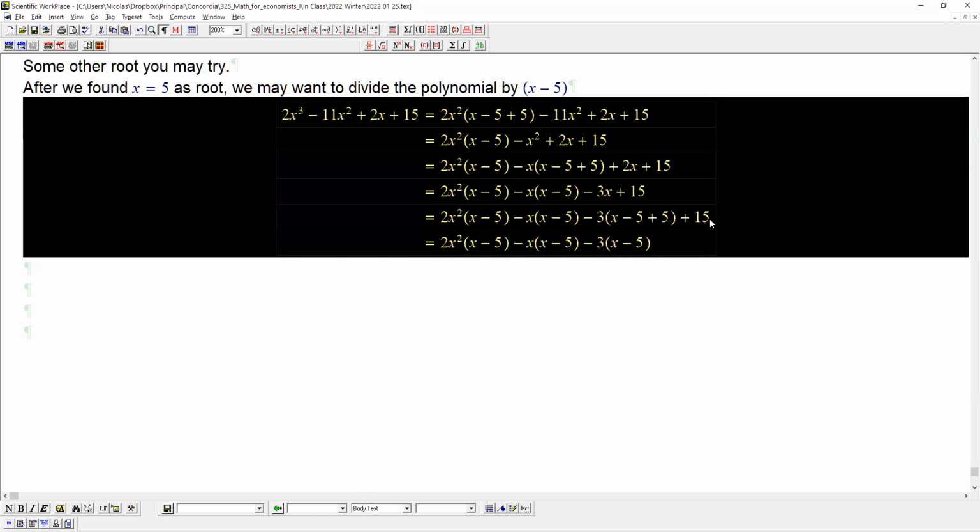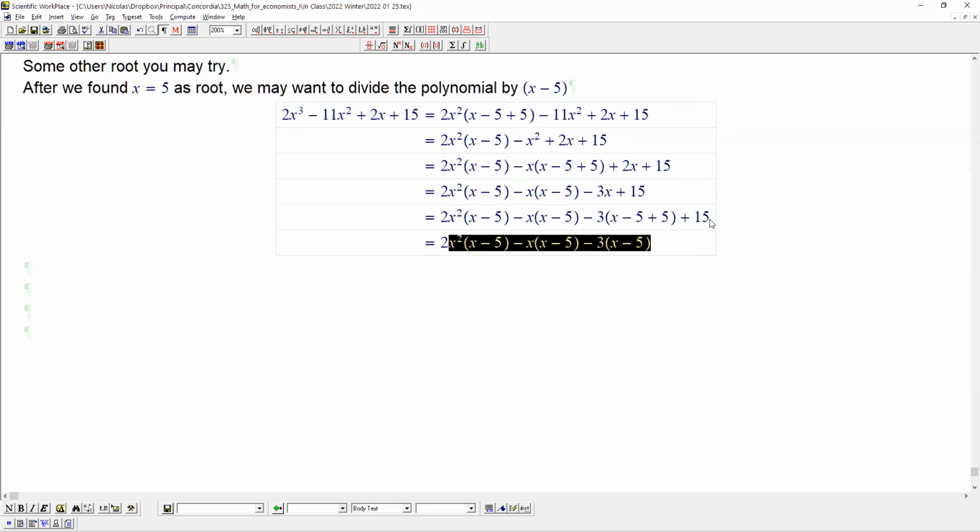So then I get x minus 5 times this and this. So you can solve it easily with quadratics.